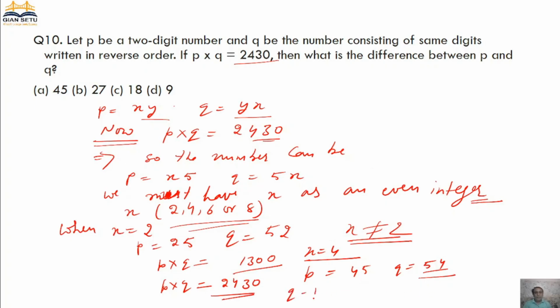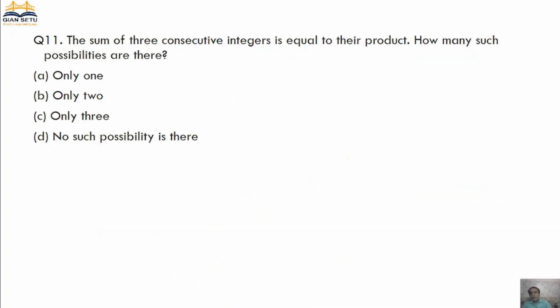Q minus P will be 54 minus 45, and it will be 9. So the answer is D here. Now let's move to question number 11. The sum of three consecutive integers is equal to their product. How many such possibilities are there?